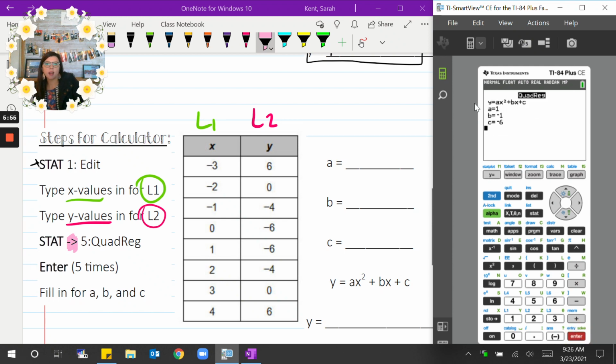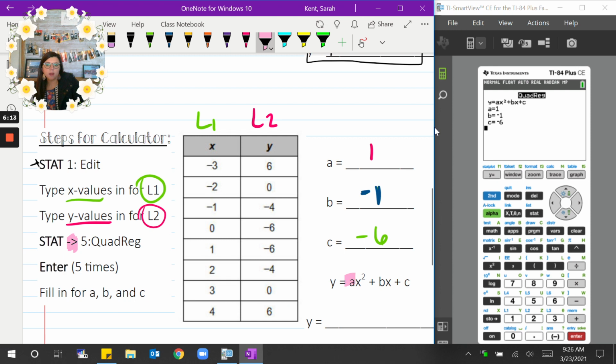Here I've got A is 1, B is -1, and C is -6.